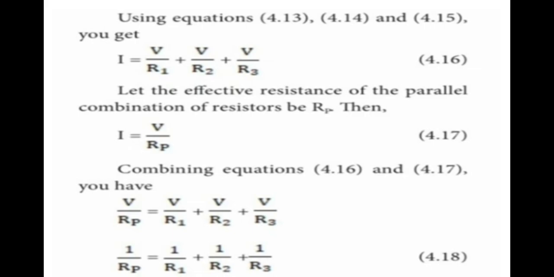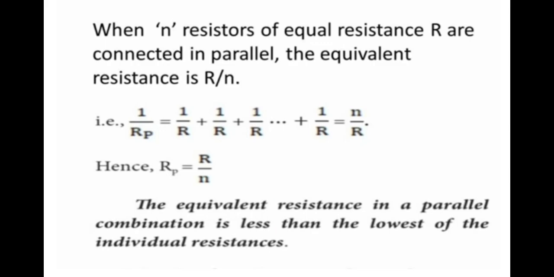Using equation 3, we will get I is equal to V by R1 plus V by R2 plus V by R3. Let the effective resistance of the parallel combination of resistors be Rp, when I is equal to V by Rp.